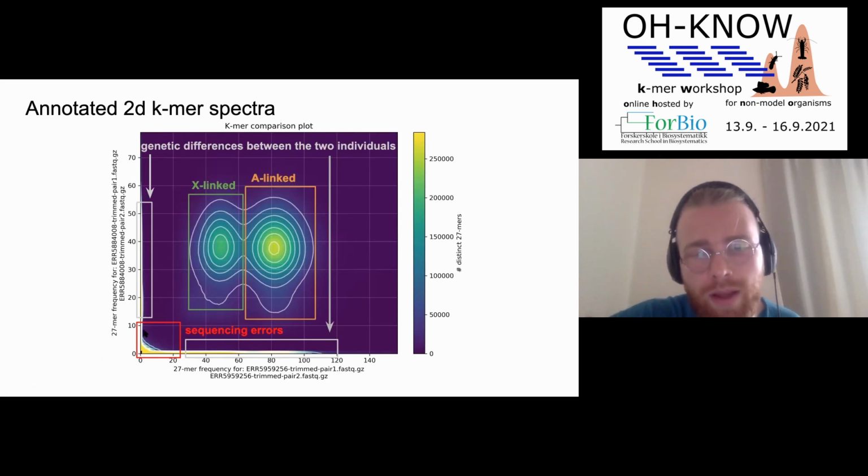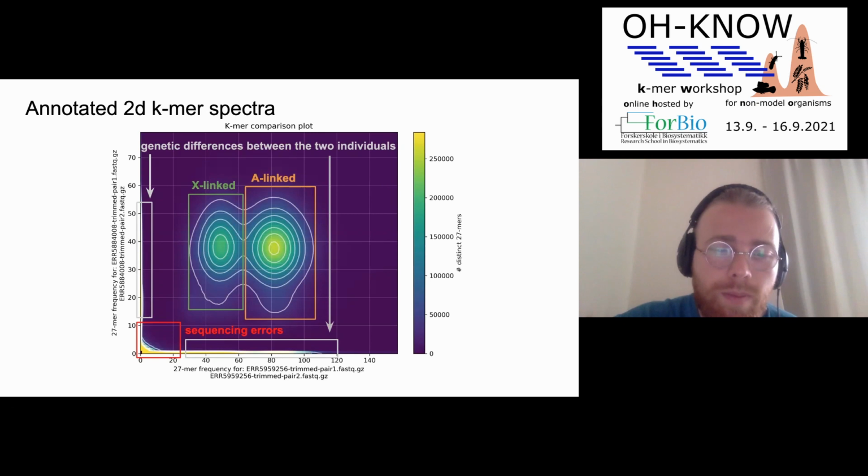Here I have all those autosomal k-mers, those that are present in female and in presumably diploid state, and in male also in diploid state. There will be a bunch of k-mers here, and here there will be just heterozygotes in female and X-linked in male, by the way, just a full disclaimer. But most of these k-mers will be the X-linked, because they will be those that are haploid in male and diploid in female.